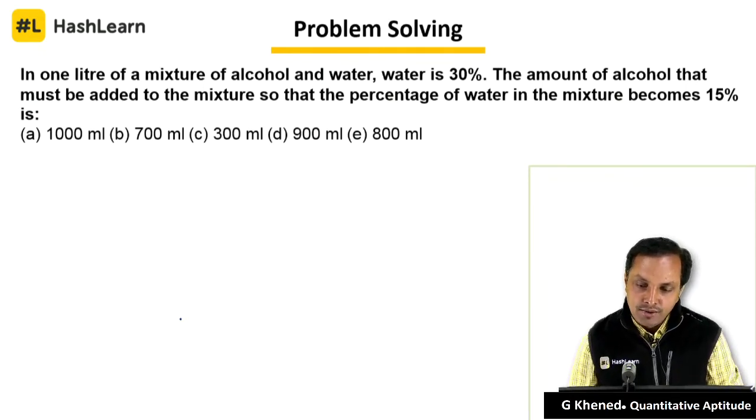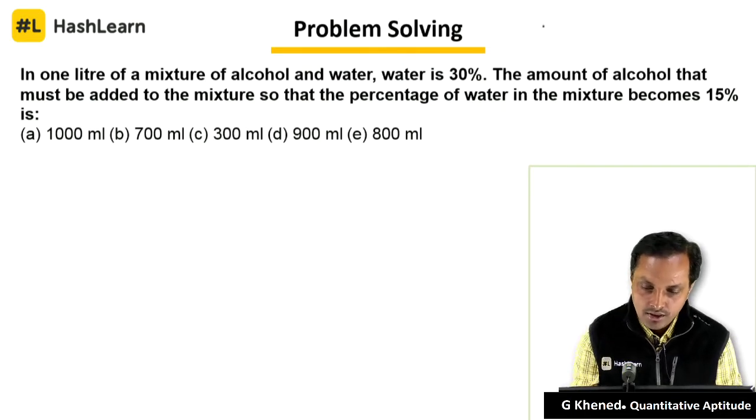Okay, the amount of alcohol that must be added to the mixture so that the percentage of the water in the mixture becomes 15%. So here you should note 1 liter is nothing but 1000 ml.